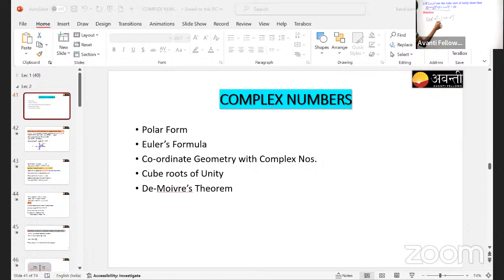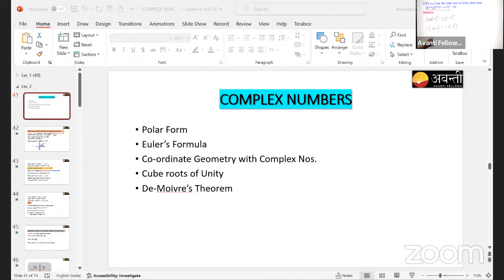Now, do you remember 1 plus omega plus omega square equals 0, or should I write it again? This is the last time I am writing. 1 plus omega plus omega square equals 0, and omega cube equals 1. So what will be 1 plus omega square? It will be minus omega raised to the power 5 plus minus omega square raised to the power 5.